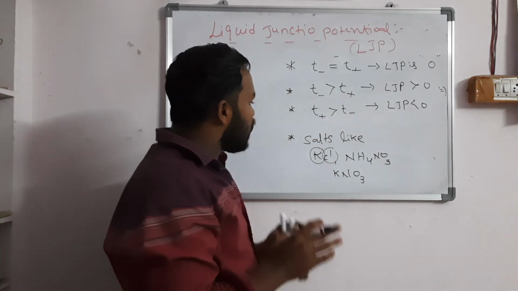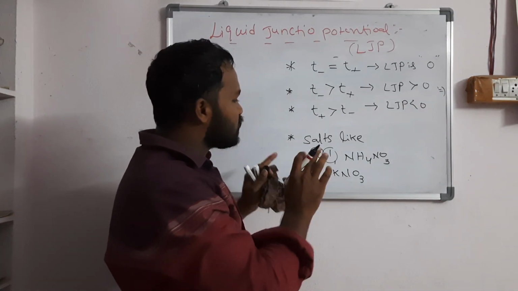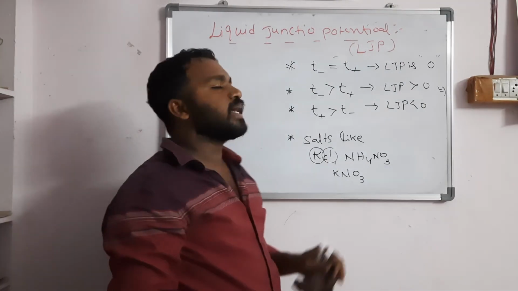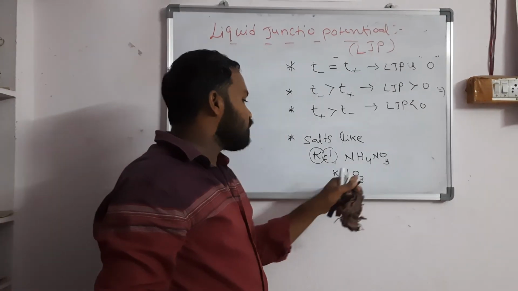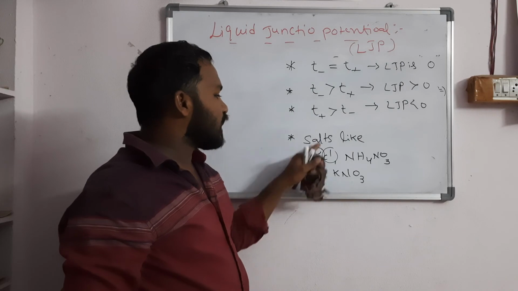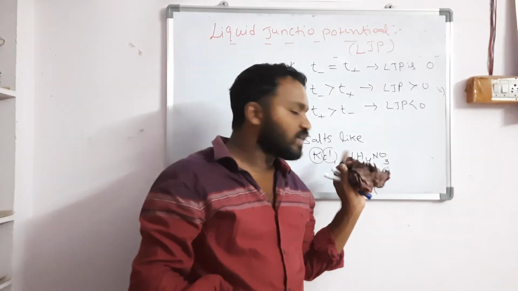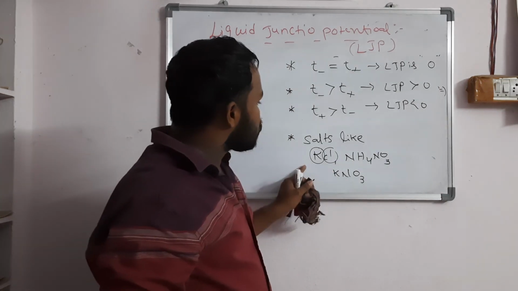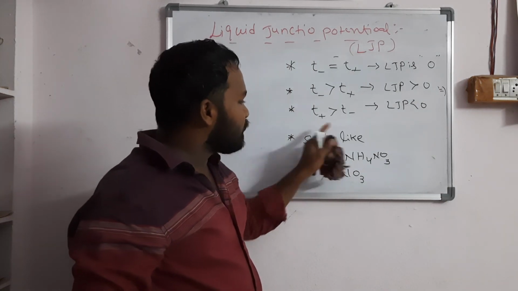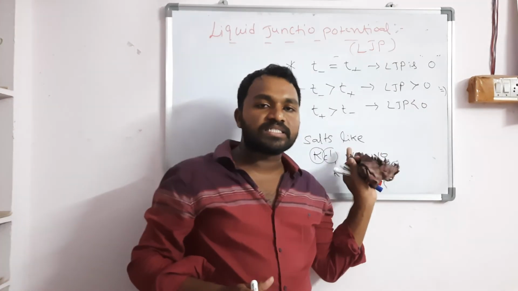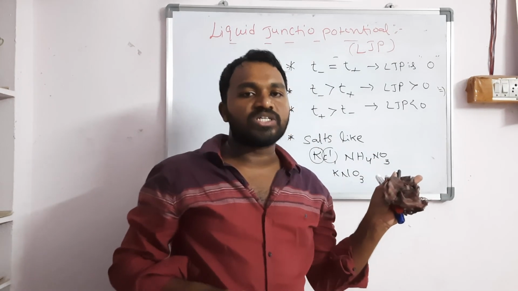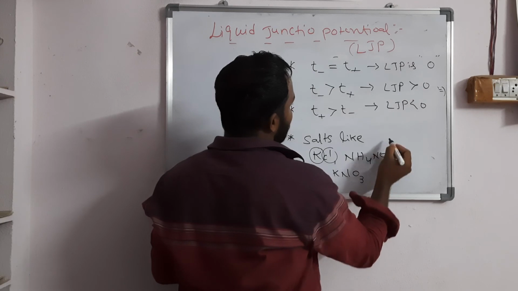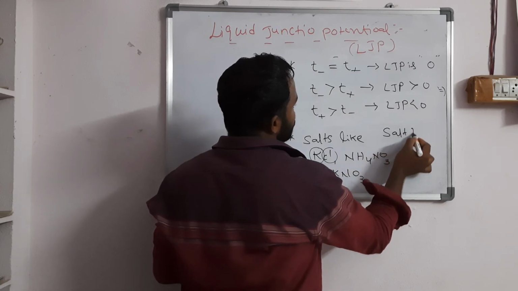In such cases LJP is 0, LJP is minimum, LJP is negligible. These contain equal transport numbers of cation and anion. So that's why these types of salts are used in the salt bridge.